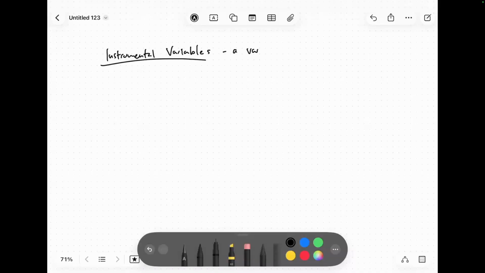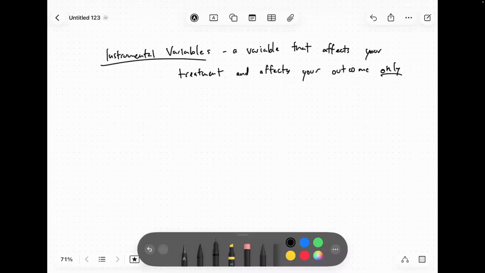This is a variable that affects your treatment and affects your outcome only through the treatment.